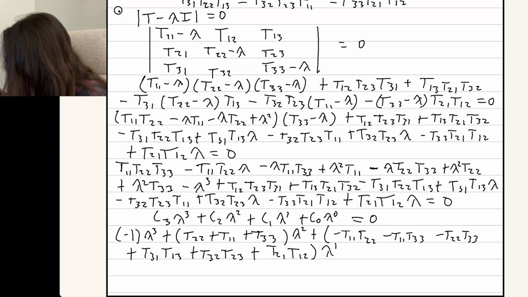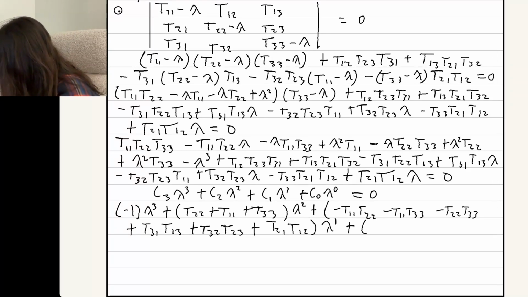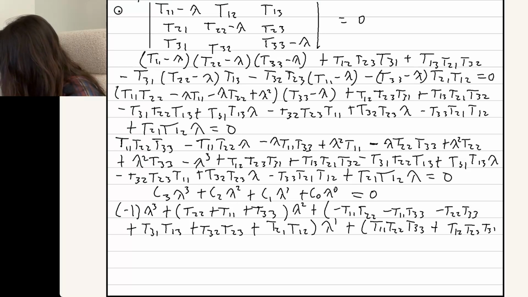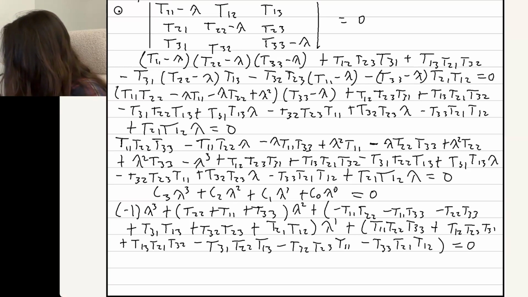And then you have all of the other terms, which are multiplied by lambda to the 0: T11 T22 T33 plus T12 T23 T31 plus T13 T21 T32 minus T31 T22 T13 minus T32 T23 T11 minus T33 T21 T12. That's it. So that's the whole characteristic equation.